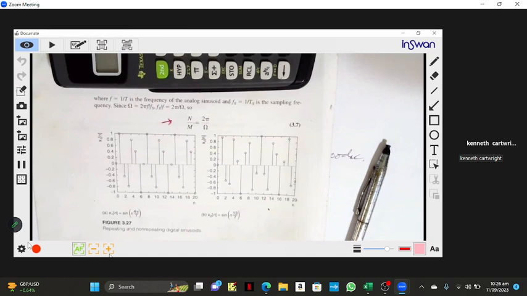What do you notice about the sine wave on the left? Is it periodic or not periodic?